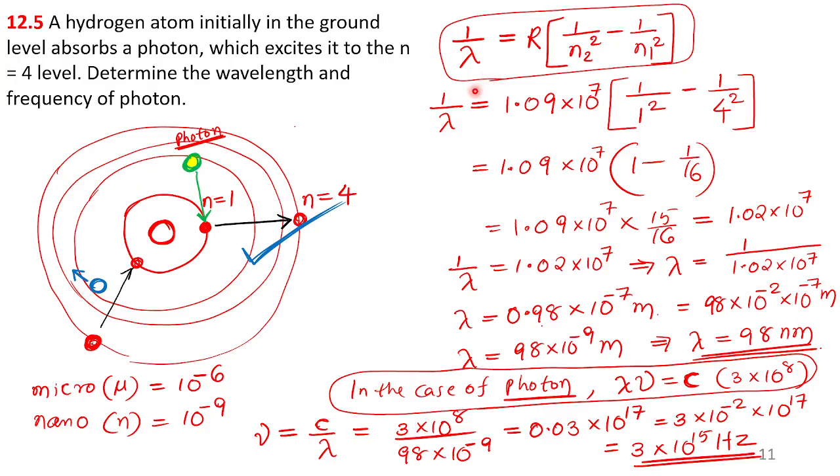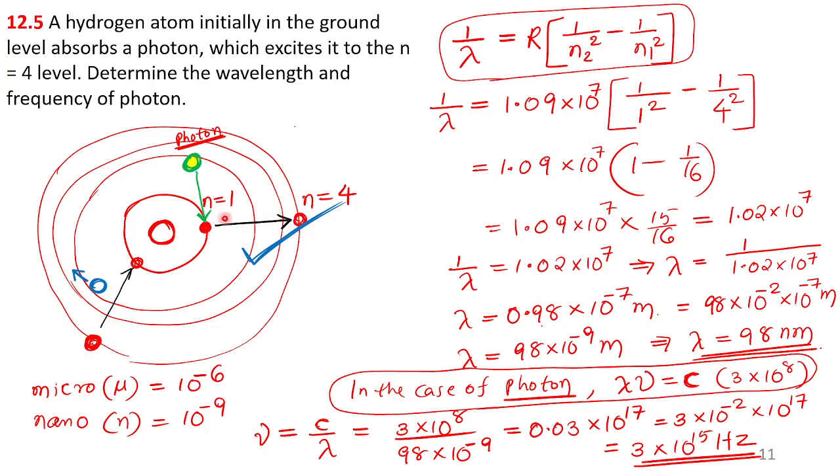So 1 by lambda stands for the wavelength of the photon absorbed by the electron. This photon will have a certain wavelength, that is lambda. 1 by lambda equal to R into 1 by n1 square minus 1 by n2 square, where n1 and n2 are the two levels.